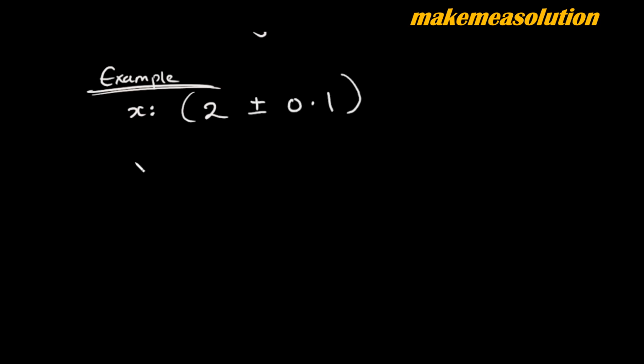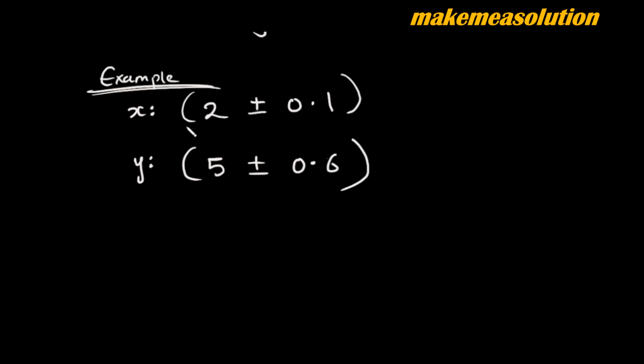So first of all, for example, I'm going to assume the properties of x to be such that it is 2 plus or minus 0.1. Then the properties of y is such that it is 5 plus or minus 0.6.